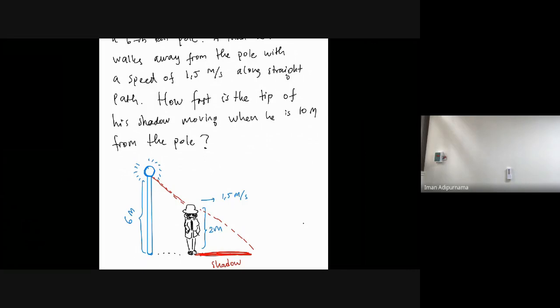Think if the man is here, maybe it will be going here, and maybe it's smaller, right? And maybe in here it's this small, and then the length is changing. The length of the shadow is changing. Can you find how fast the shadow is moving?